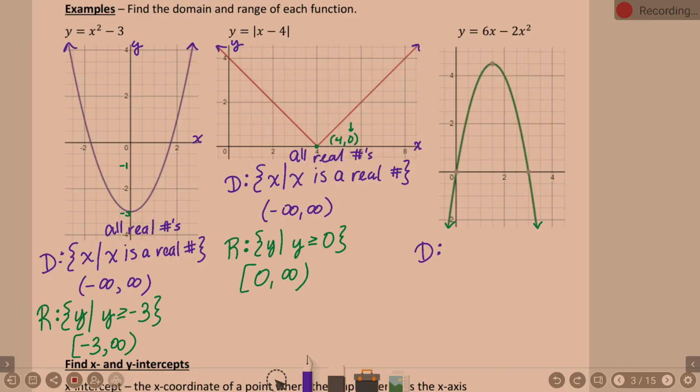We're doing left, right, or up and down? Domain is how far, which directions? Left and right. Okay, it's the x value, so how far left and right? How far left does this graph go? Negative. Yeah, as it's going down, it's going farther and farther left. How far right does it go? As it's going down, it's going farther and farther right.